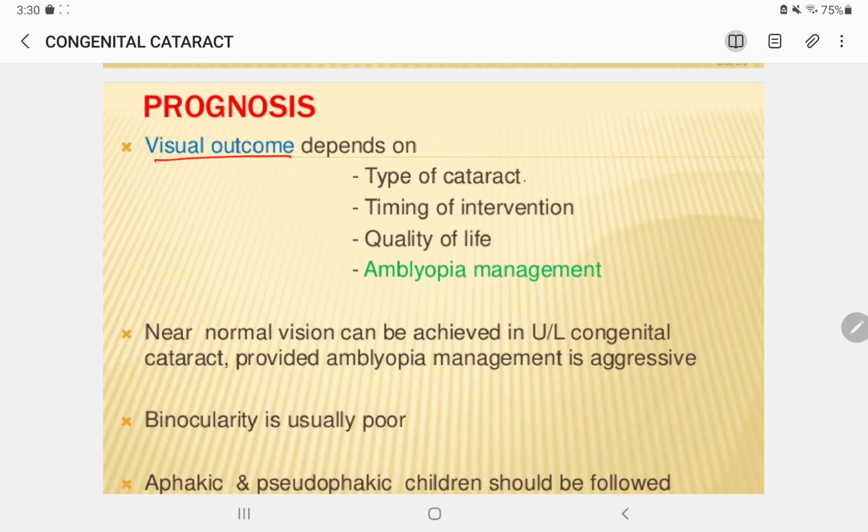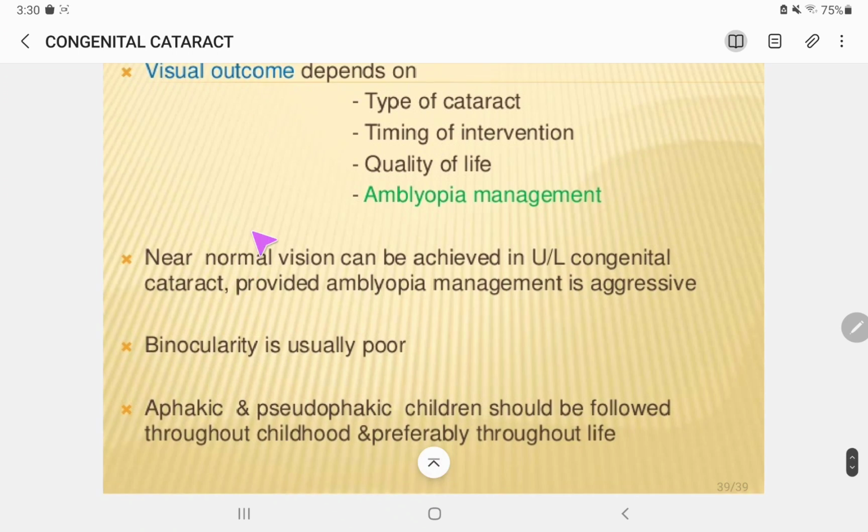It depends on the type of cataract, the timing of the intervention, when the surgery was done, and whether amblyopia was managed or not. Near normal vision can be achieved in unilateral congenital cataract, but we have to do aggressive amblyopia management.